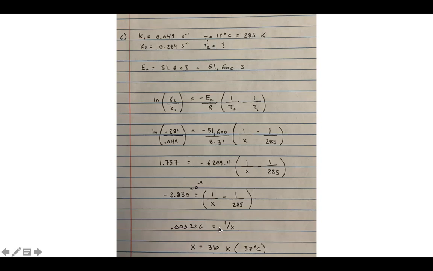So when I miscalculated and got 265 Kelvin, I knew that shouldn't be right because that's a colder temperature, and the real answer had to be warmer than T1 because my K2 is bigger than K1. Just a way you can use these equations.